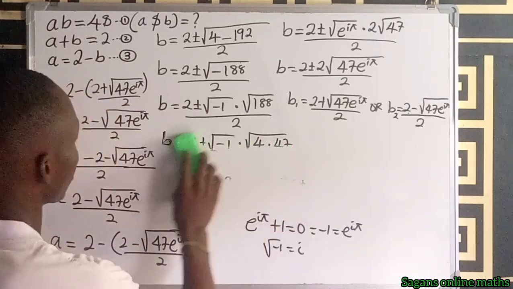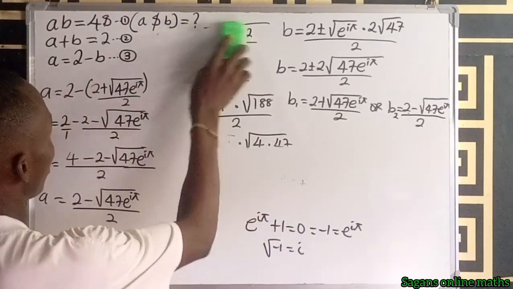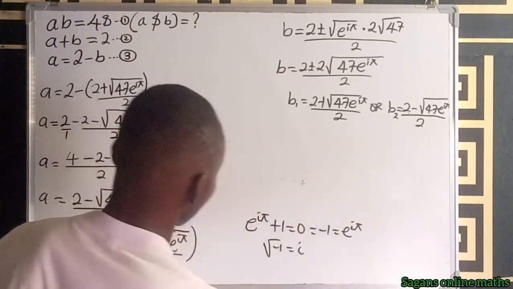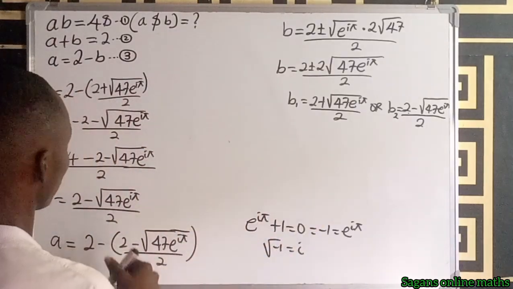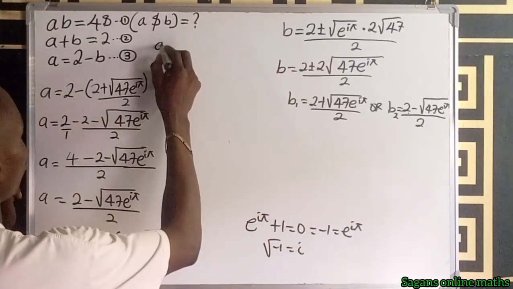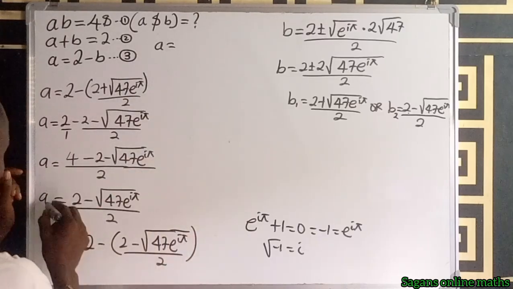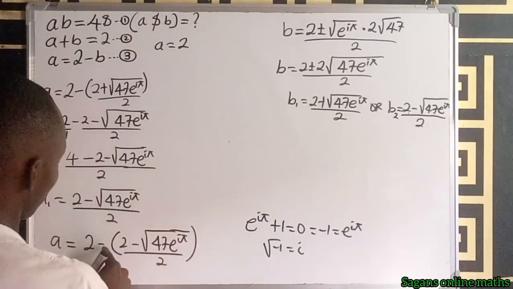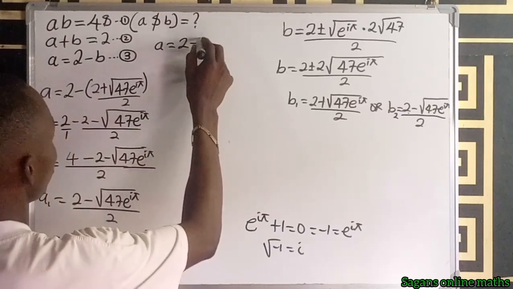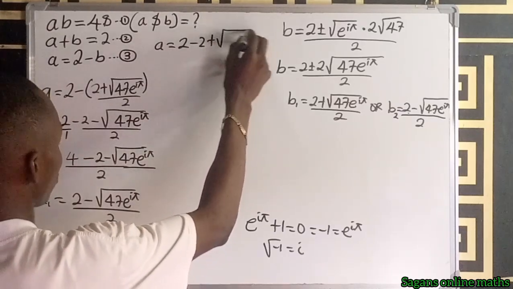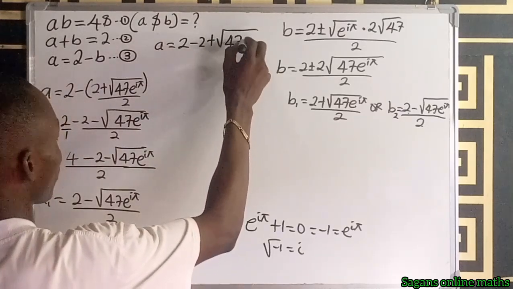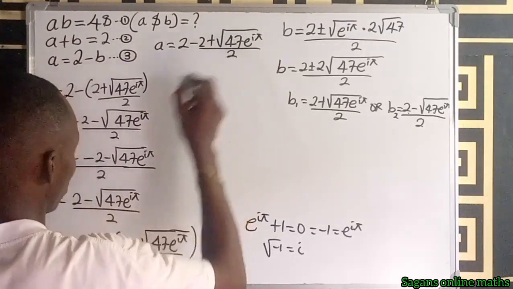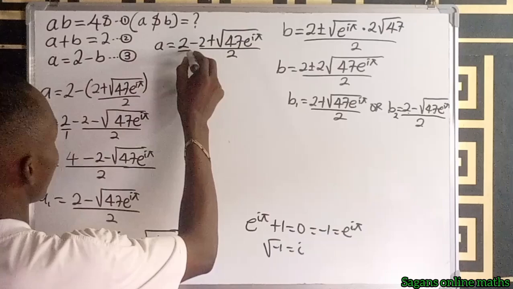I can remove this from here quickly and find our B. Now our A will be equal to, from here is A1, so this becomes 2 times this, and you have minus 2 plus root 47 multiplied by e to the power I pi, divided by 2. The denominator here is 1.